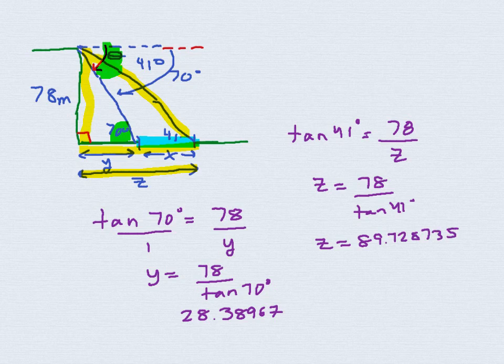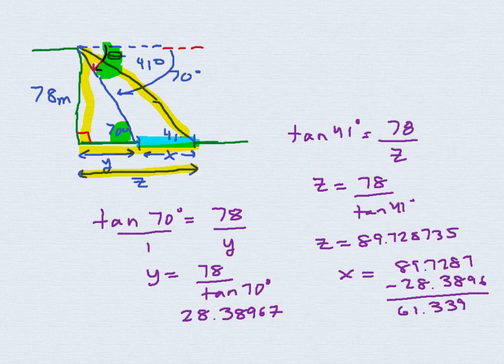And don't forget that z is really x plus y. So to solve for x, you're going to take the whole distance, 89.7287, and you're going to subtract from that the 28.3896, and the difference will be 61.339, and so on.